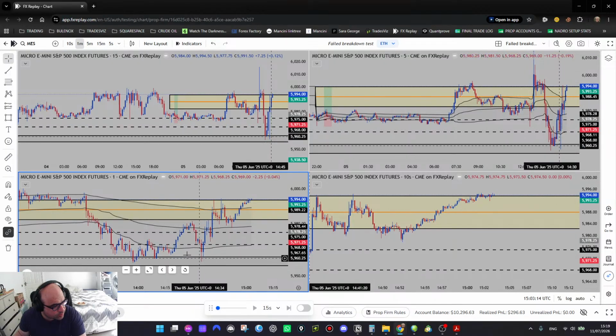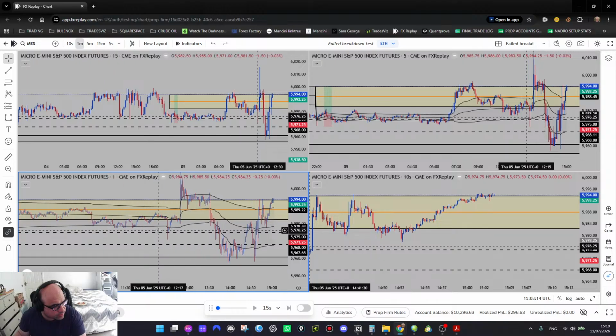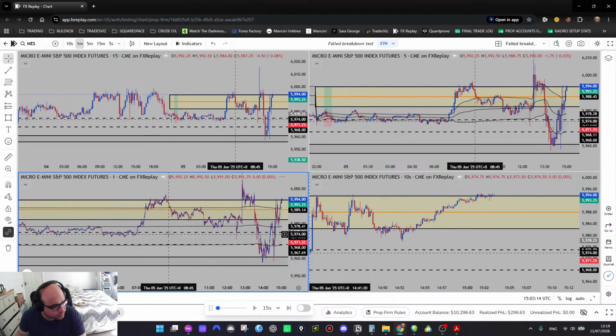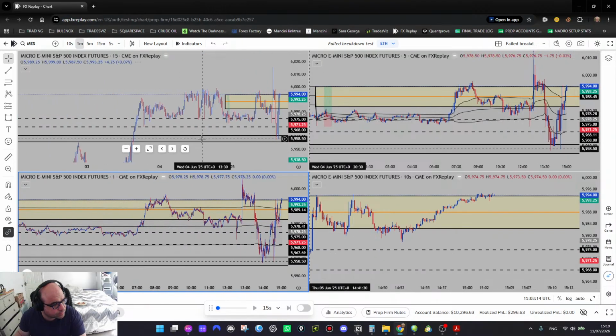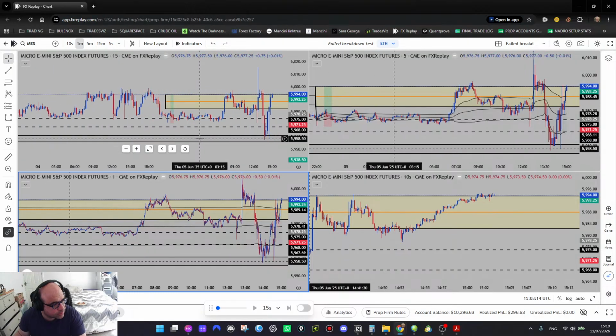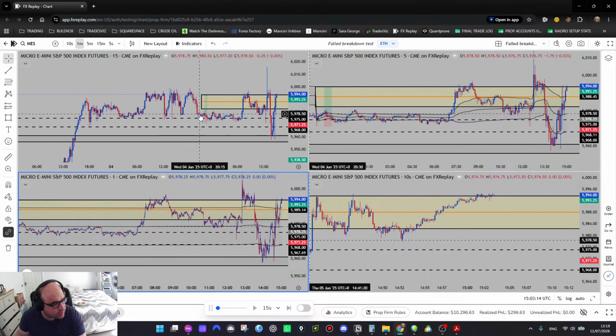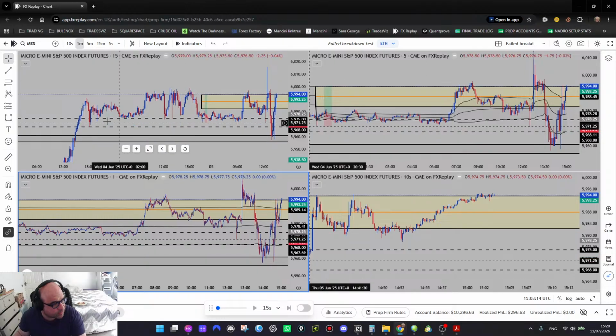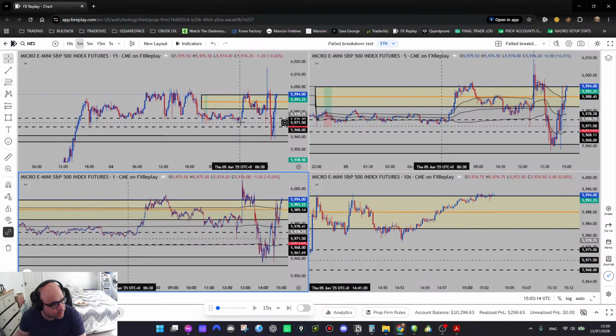Anyway, I think that was the previous failed breakdown supposed to be. What is meant to say is that we see the 59.68. There was a previous shelf here, which kept.